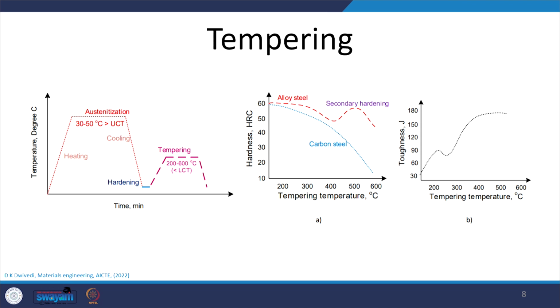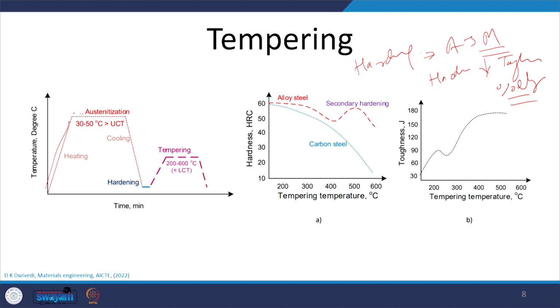We know that when the hardening heat treatment is done, most of the time austenite transforms into martensite, and what martensite does is increase the hardness, but badly compromise the toughness and ductility. So to make the components workable for engineering applications, what is done after the hardening heat treatment is that the steel is reheated.